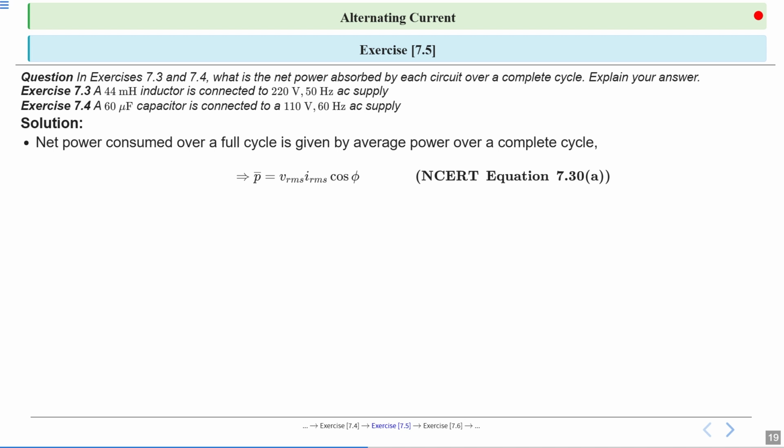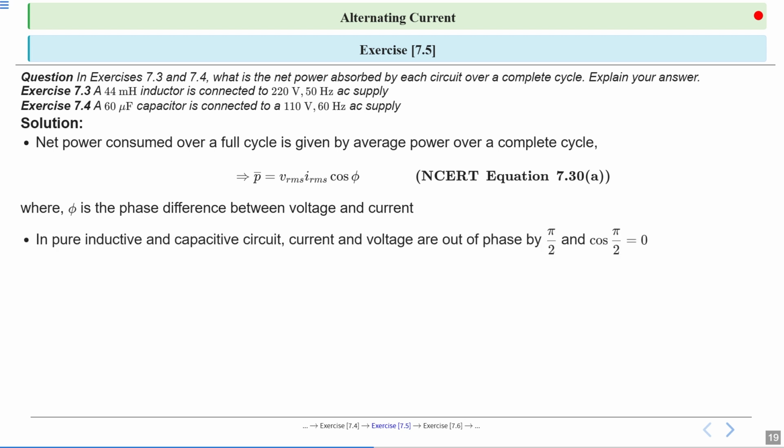The general expression is this for average power according to NCERT question 7.30a, where phi is the phase difference between voltage and current. In pure inductive and capacitive circuits, current and voltage are out of phase. We have discussed that with the phase diagrams, the phase relationship between current and voltage in the case of inductive and capacitive circuits.